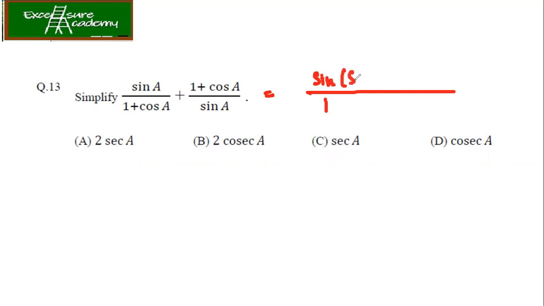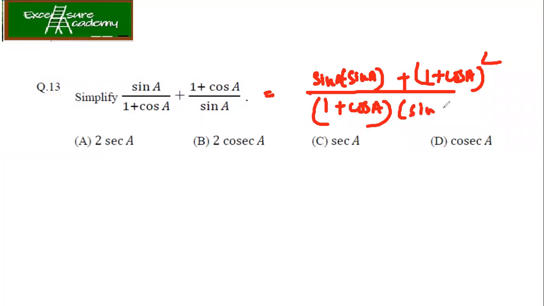The numerator becomes sin A into sin A, plus 1 plus cos A whole square, and this is over the denominator.